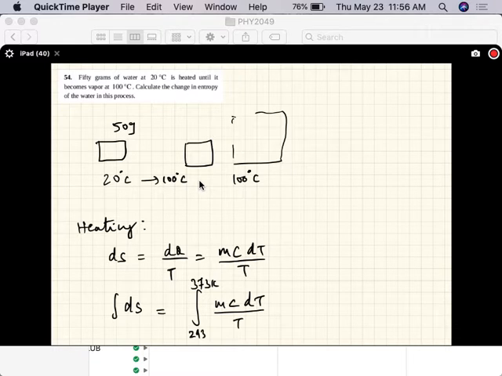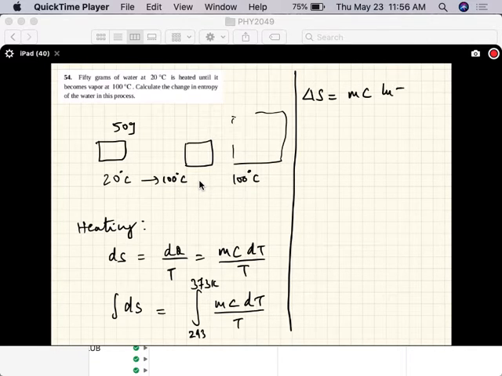So the change in entropy for that process is the mass of the water times its specific heat, and the integral of that is log T, applying these limits. So that's the change in entropy while you're heating.